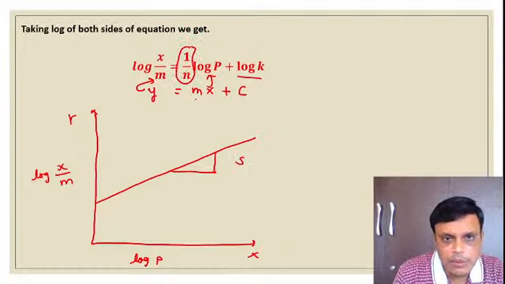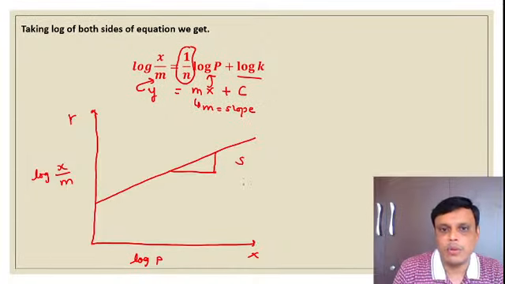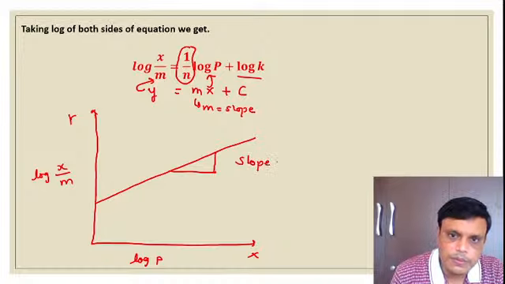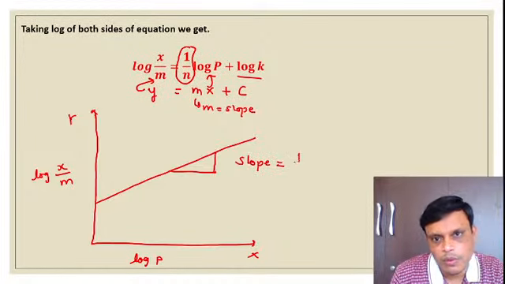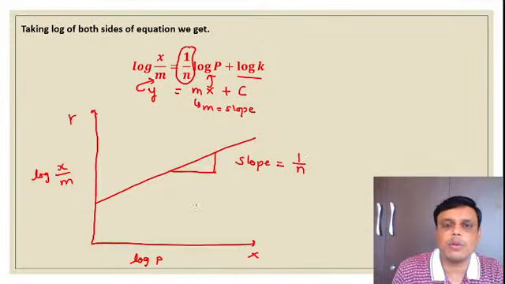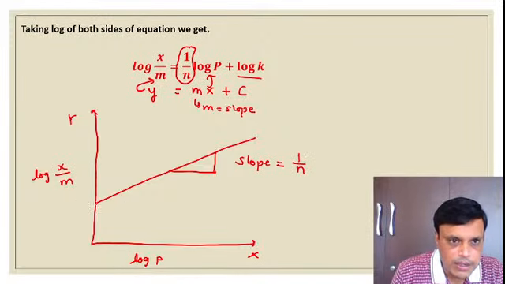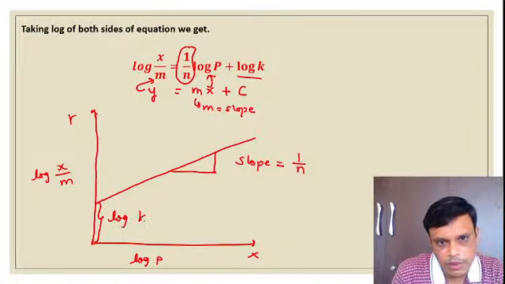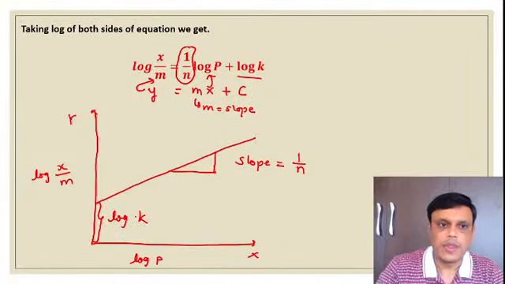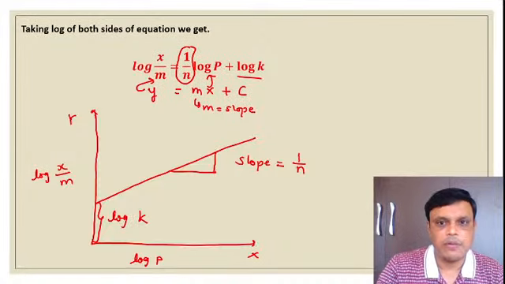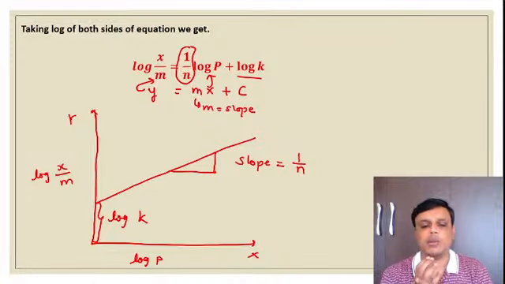Here in this equation, m is the slope, so slope is equal to 1 by n, and the intercept on the y-axis will be equal to log k. So we can find this constant 1 by n by using the slope.